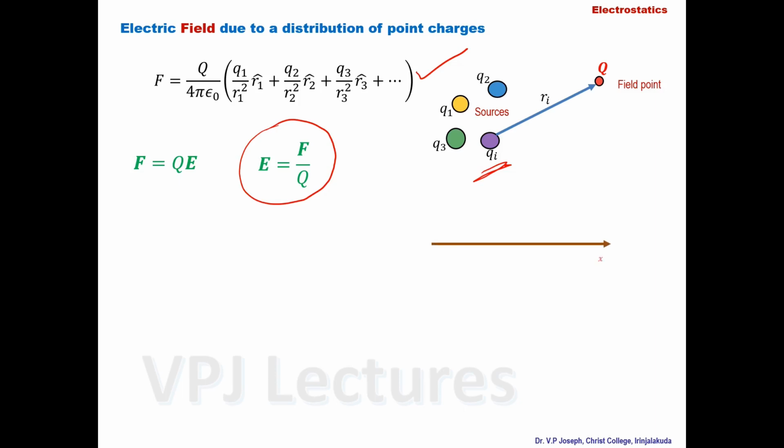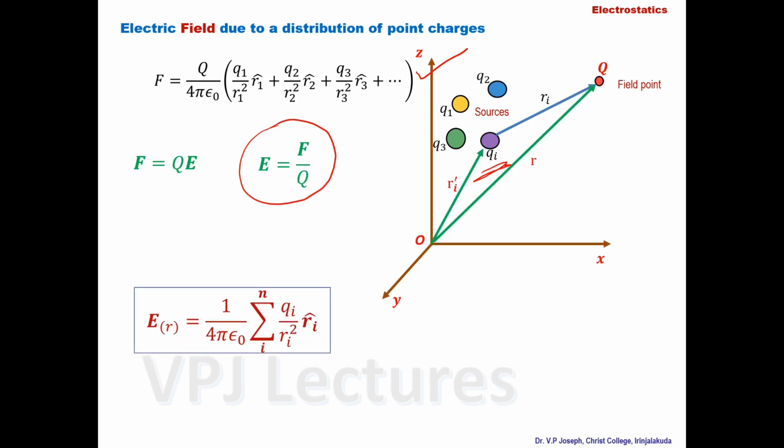And in order to obtain the electric field with respect to the origin of the coordinate system, let us construct a system like this with x, y, and z axes. And r is a constant. This r is the distance from the origin of the coordinate system to the test point, and the source point is varying.